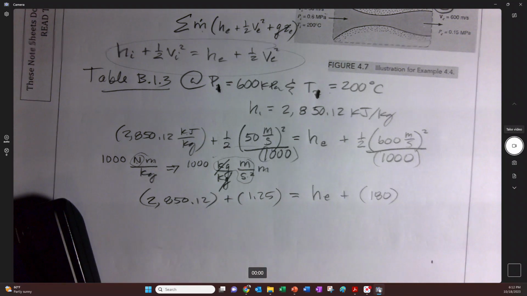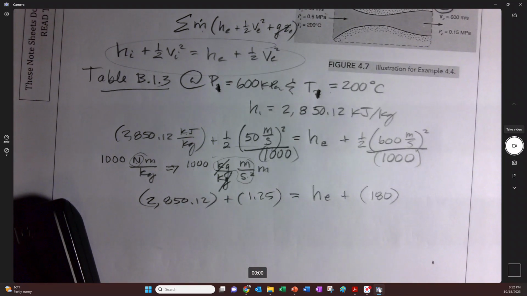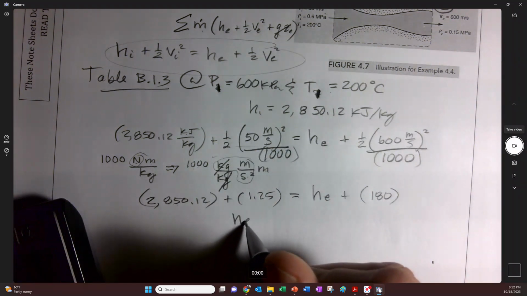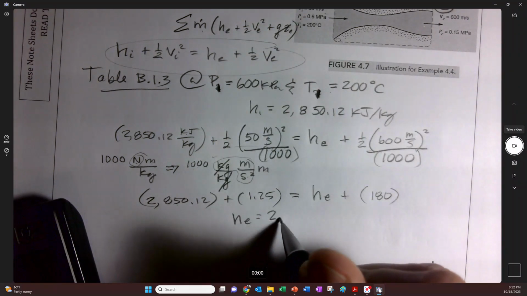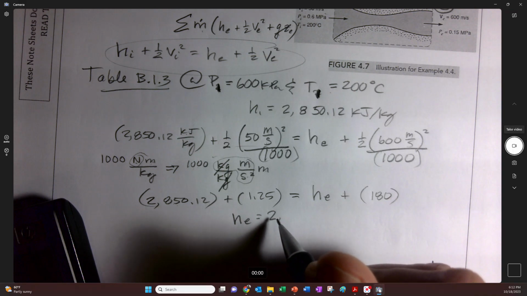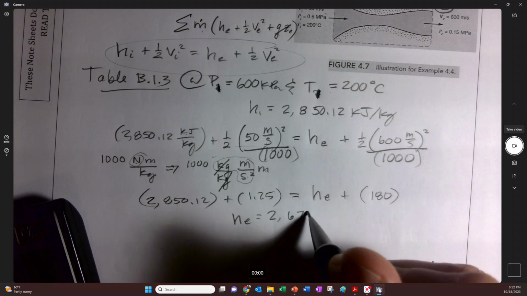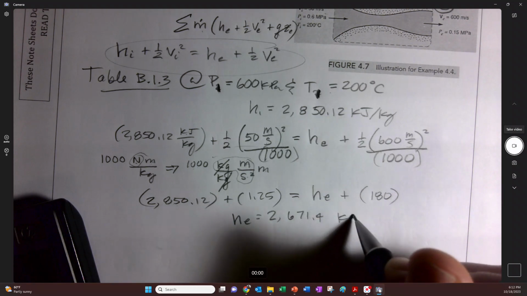Add the 2,850.12 to 1.25, but then subtract out 180, and you end up with HE should be 2,671.4 kilojoules per kilogram.